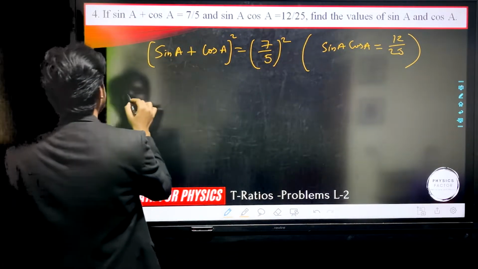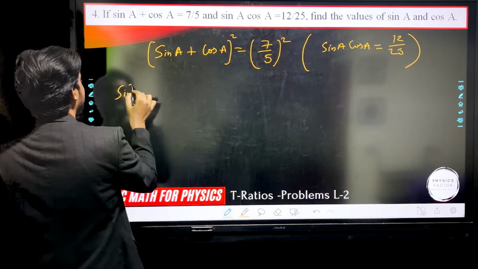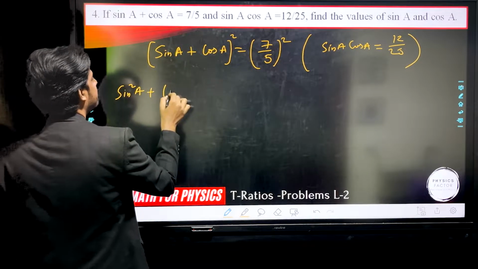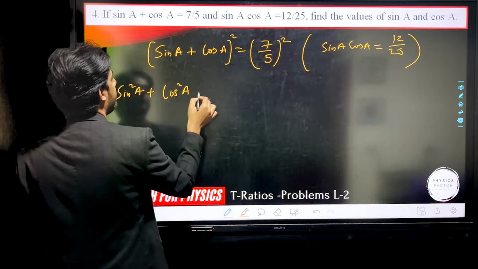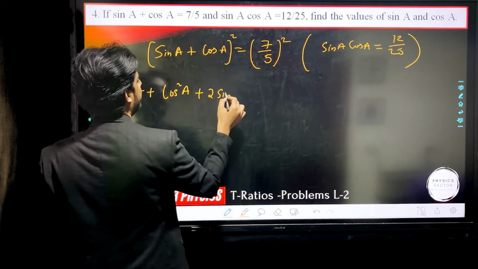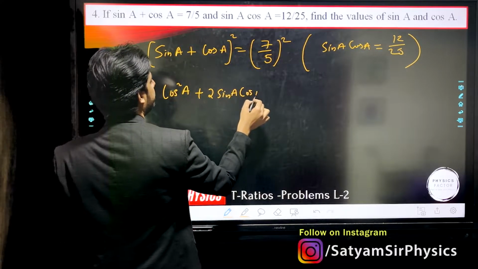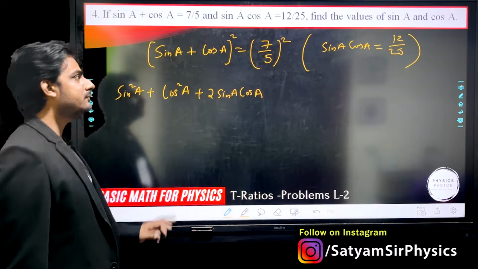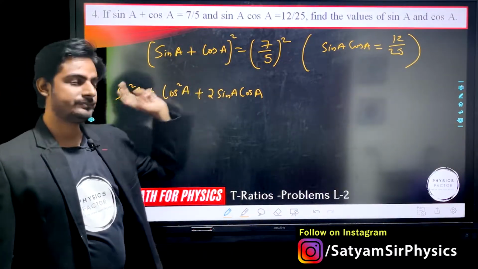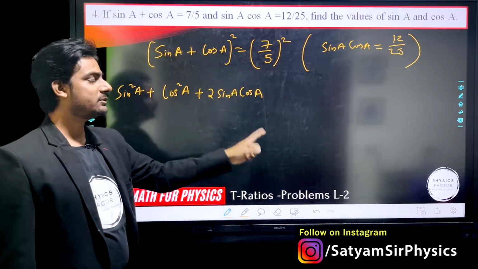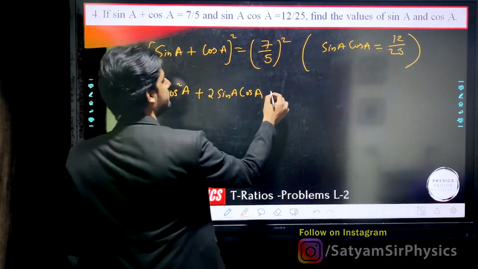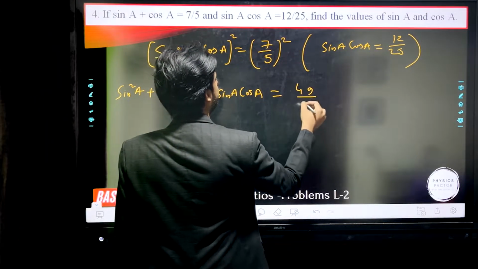So when you square it, it will be sin square A plus cos square A plus 2 sin A cos A. A plus B whole square is A square plus B square plus 2AB, and that equals 49 over 25.